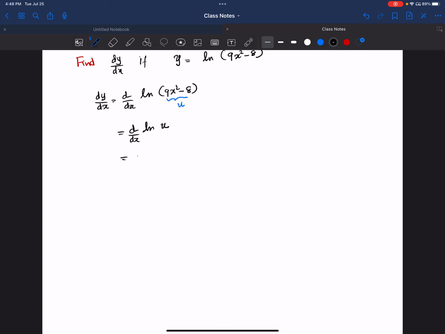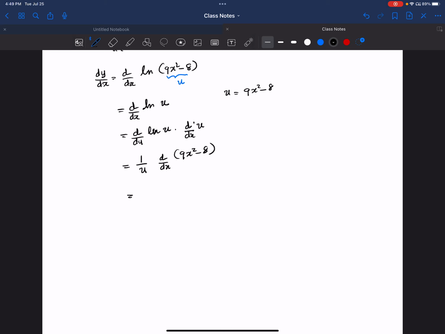And if I apply chain rule, this can be written as d over du natural log of u times d over dx u. So here u is equal to 9x squared minus 8. So for natural log of x, the derivative is 1 over u, and d over dx u is d over dx 9x squared minus 8. And instead of 1 over u, I can write 1 over 9x squared minus 8.